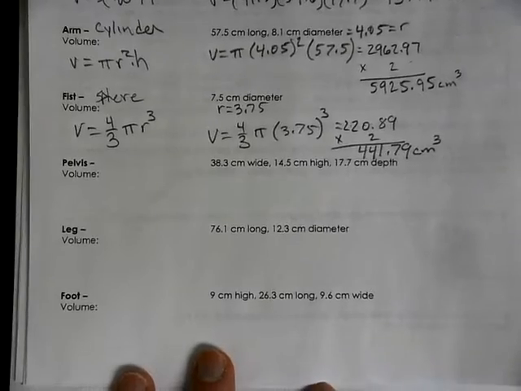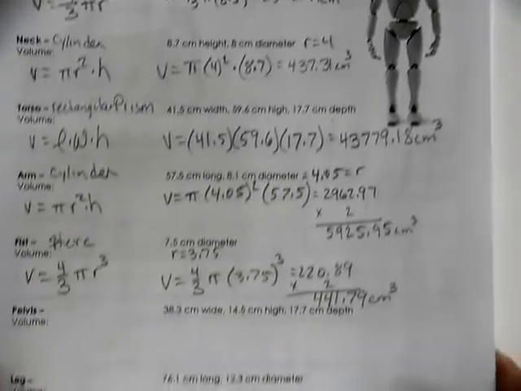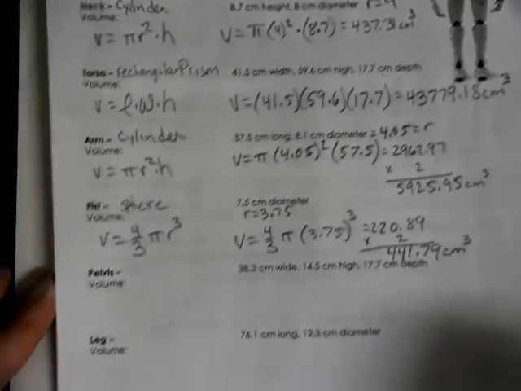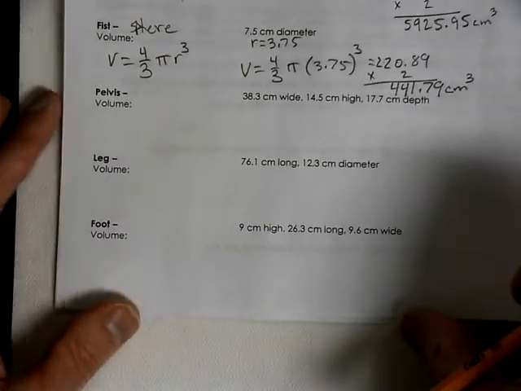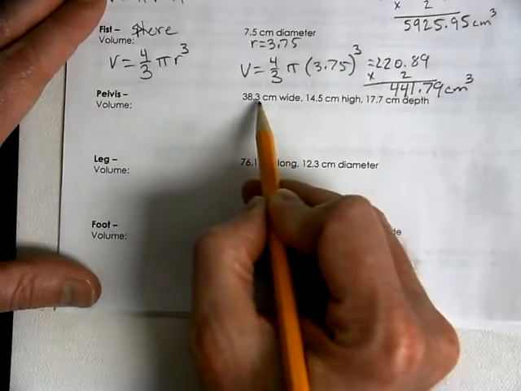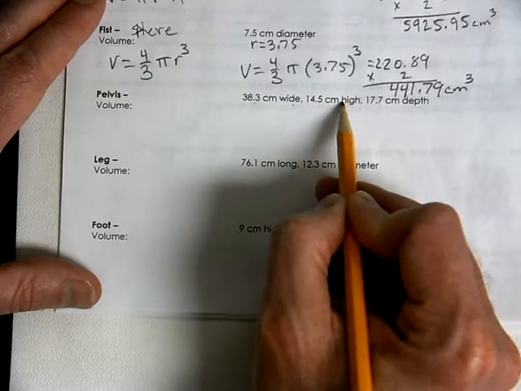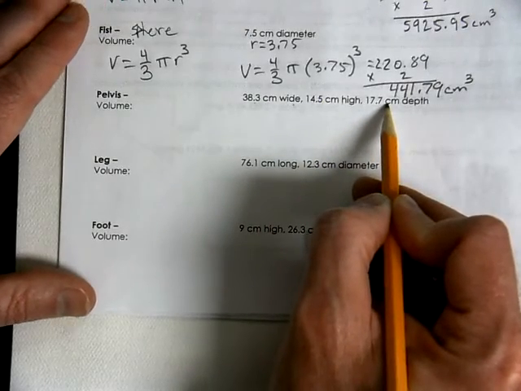Now, what would you like to call the pelvis? It's also trapezoid, but it's more like triangular, so triangular prism. We could probably call this a triangular prism. We have a width, we have a height, and we have a depth.